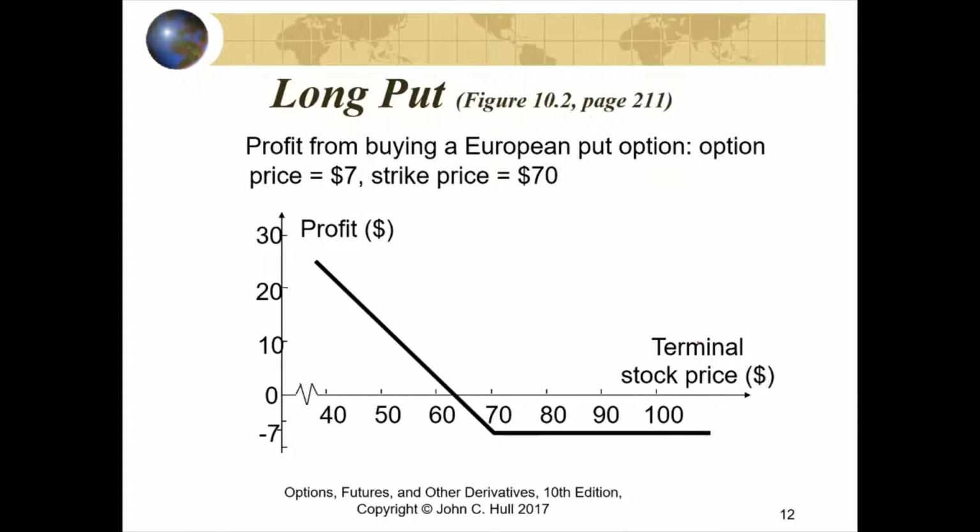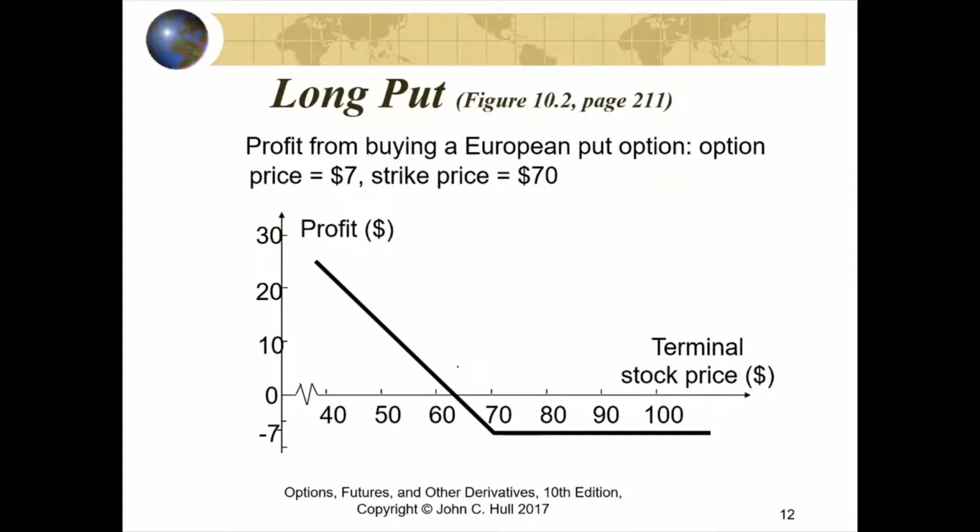Now, assume that we are looking at a European put option with a price or a premium of $7 and a strike price of 70. Remember, the put option is the right to sell. So it will make sense to exercise a put option only if the stock price went down.